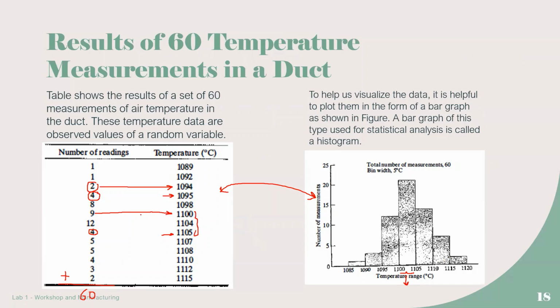And how many measurements do I have in total in this interval? I think I have like 25. No, 23 measurements. And see, it corresponds to 23. This is how to read these histograms, these graphs.